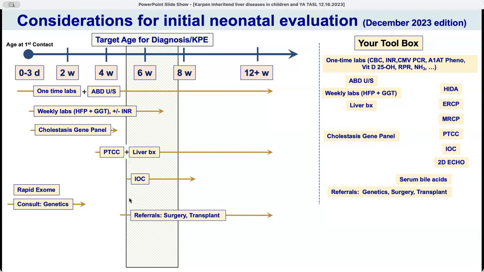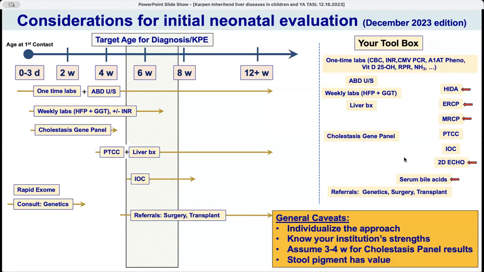Early on, I guess overlapping in time, the referrals to surgery and even transplant, depending on the patient. And I'm just incorporating some very quick pointers on other parts that we use potentially in the workup. So general caveats here are individualize your approach, know your institution's strengths, assume about 3 to 4 weeks for results. And stool pigment has value, but I find it not helpful in my hands.